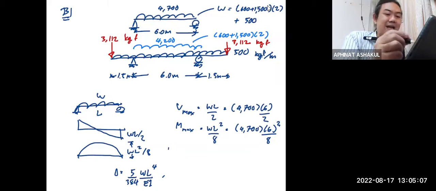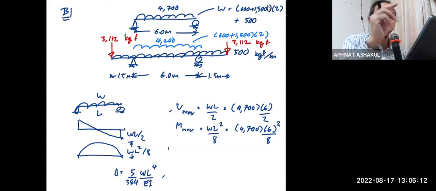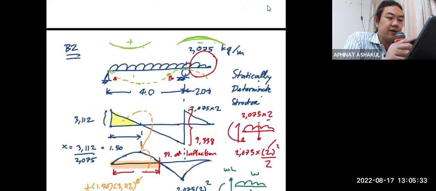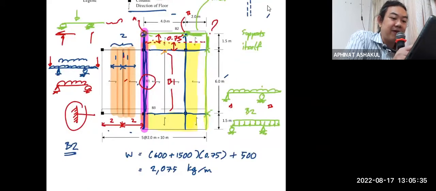And V max here, this typical B1, you guys need some time. This B1, listen to me, this reaction here, which is this one, right, will have to be supported by B3, right?